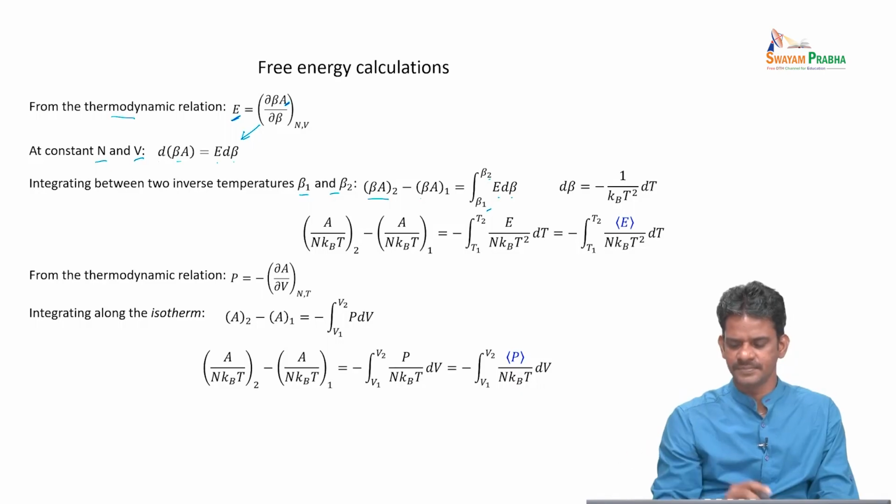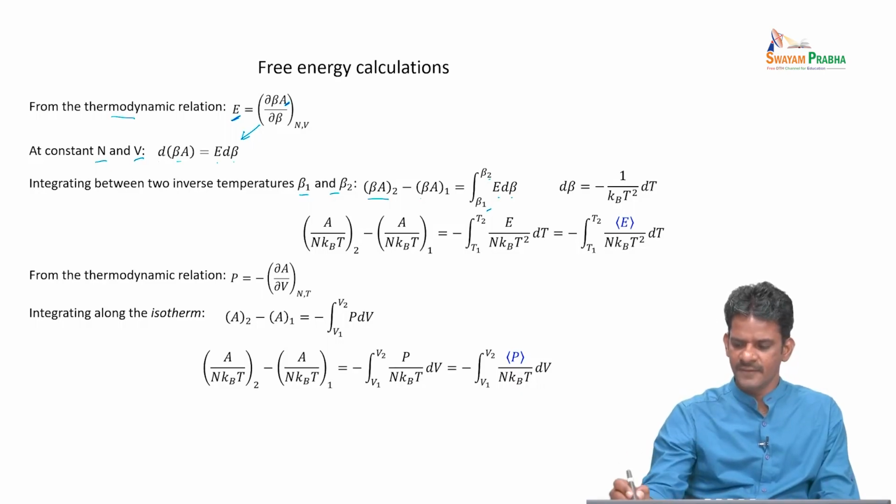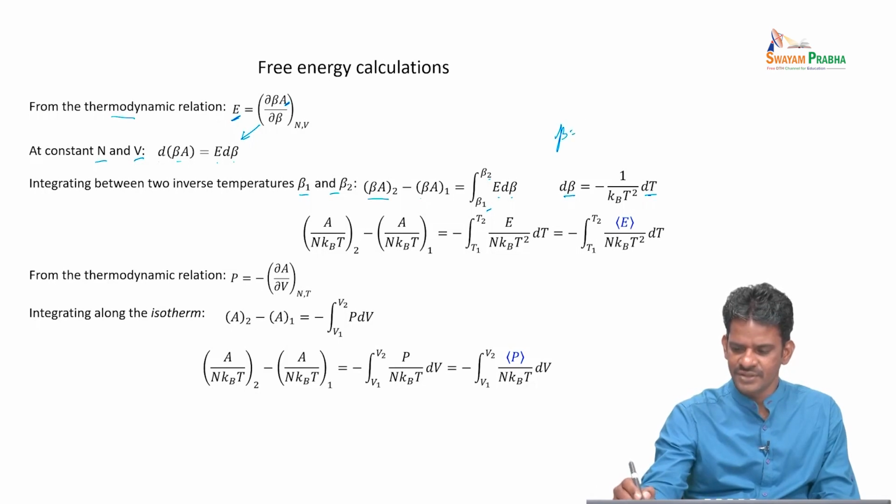So, now this dβ you can actually write in terms of dT from the relationship that β is equal to 1 by kBT. So, when you take dβ, you will see minus 1 by kBT squared dT.